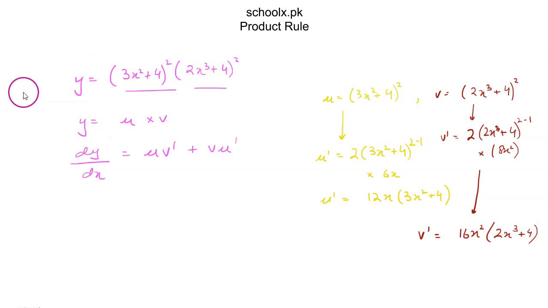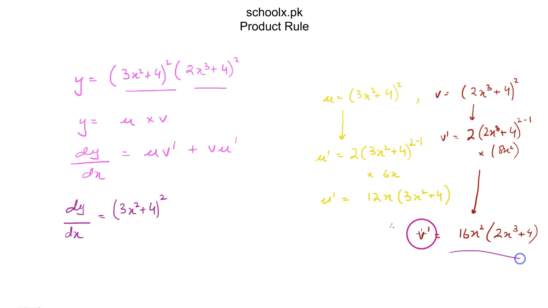From that we'll get dy over dx equals u into derivative of v, which is 3x squared plus 4 whole squared, into the derivative of v, which is 16x squared into 2x cubed plus 4, and then v into derivative of u.